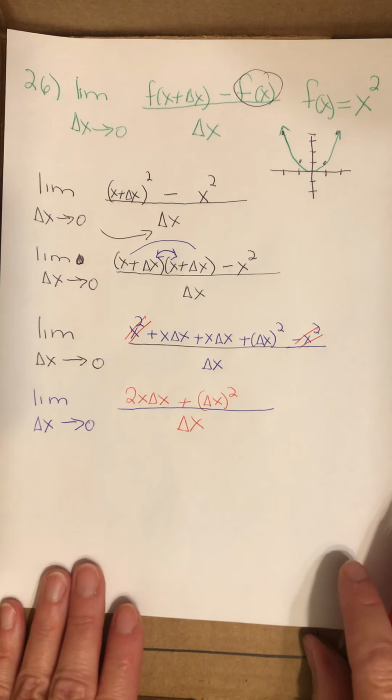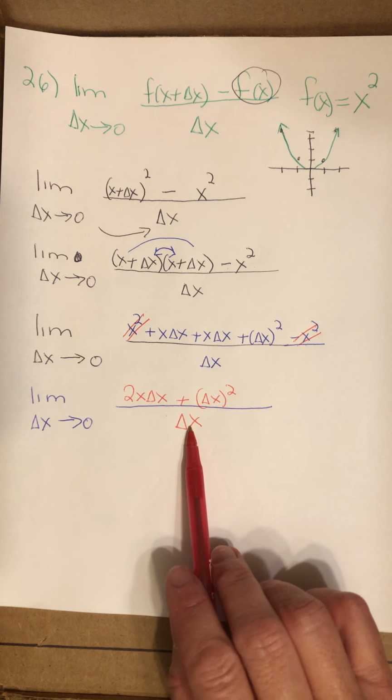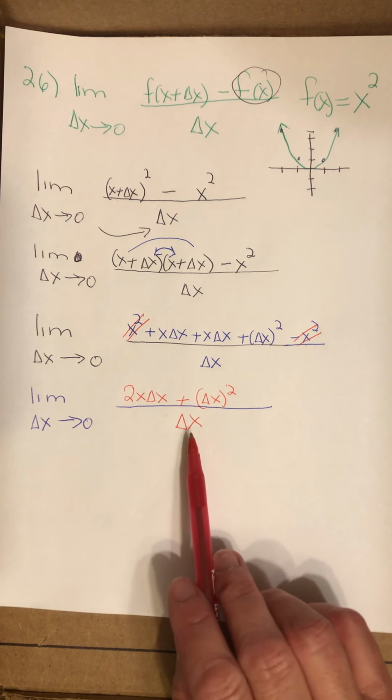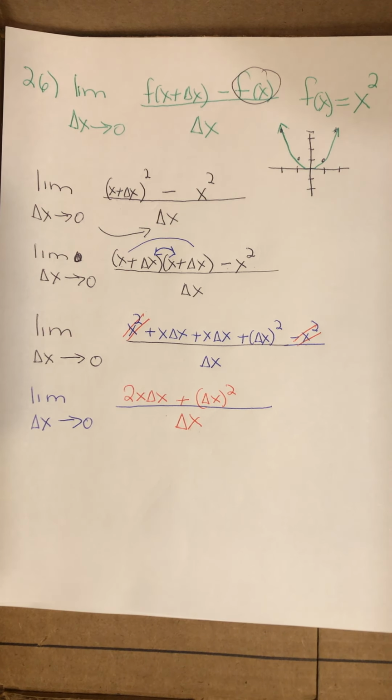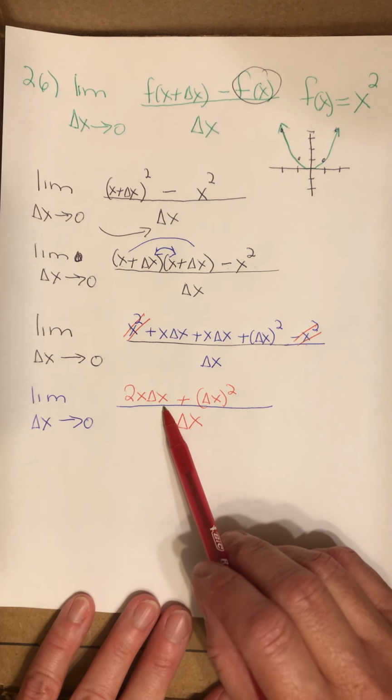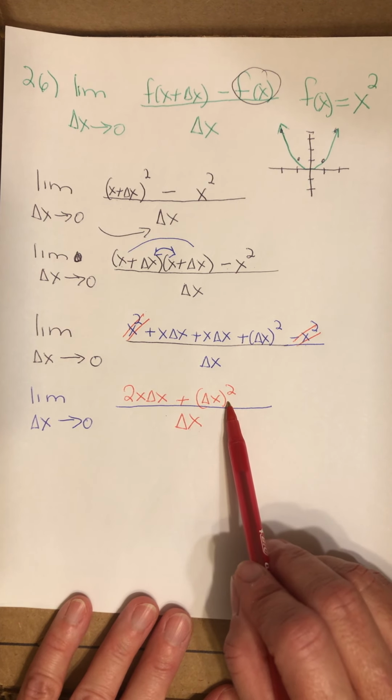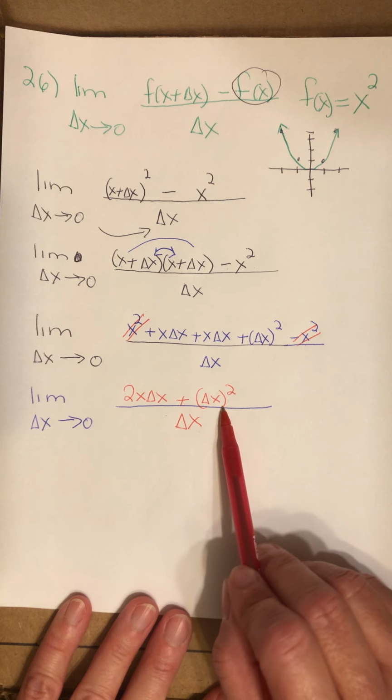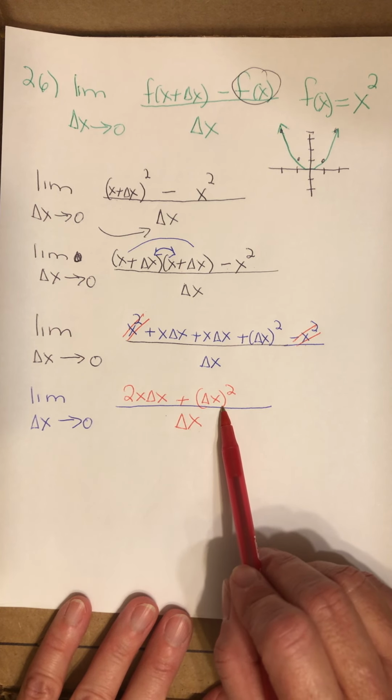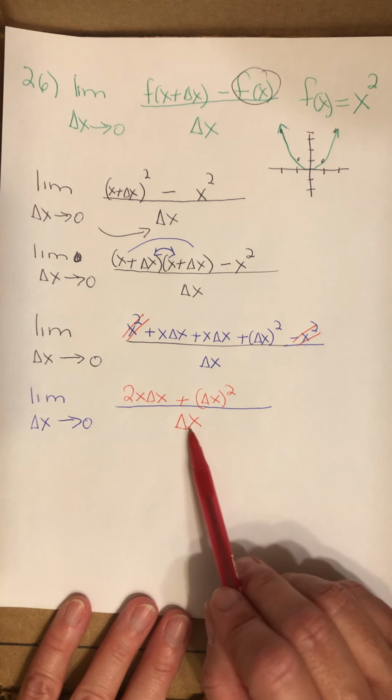Now, notice what is happening here. I still can't use direct substitution, right? I can't put a 0 into the denominator. But take a look. Do you see that in the numerator, each term has 1 Δx or more, and in the denominator?